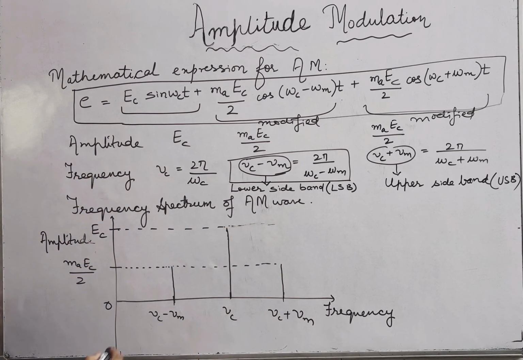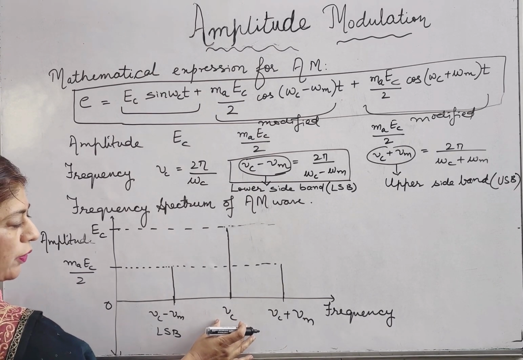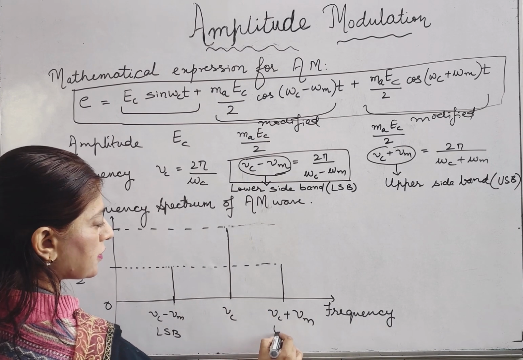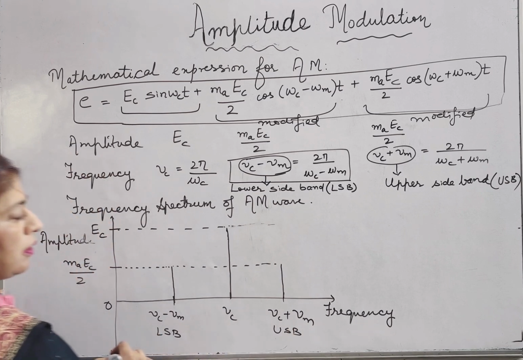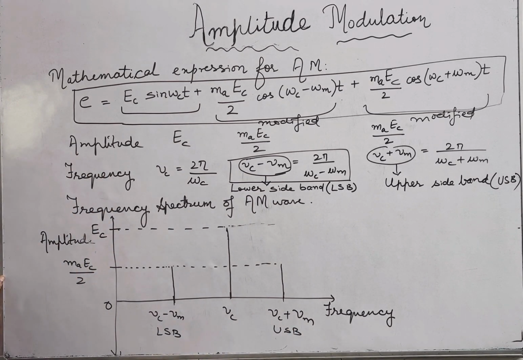So this is our LSB line, this is the frequency of the carrier wave, and this is where the upper side band is lying.